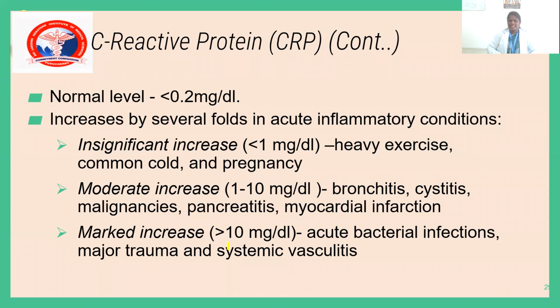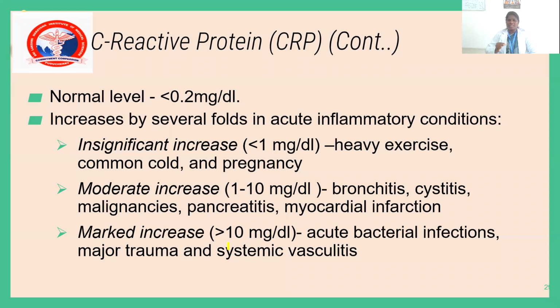A moderate increase is called 1 to 10. In some cases of bronchitis, respiratory problems, cystitis, malignancy, pancreatitis, myocarditis, in these conditions the value will be 1 to 10 only. Insignificant, when you have to say it is not significant at all, is less than 1.